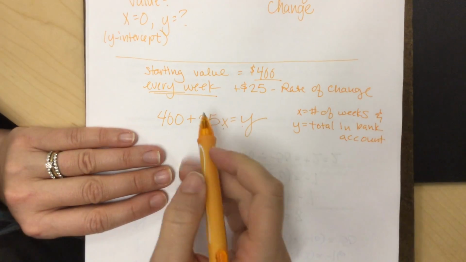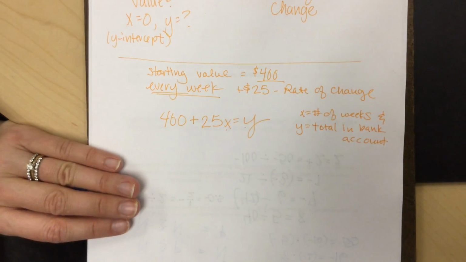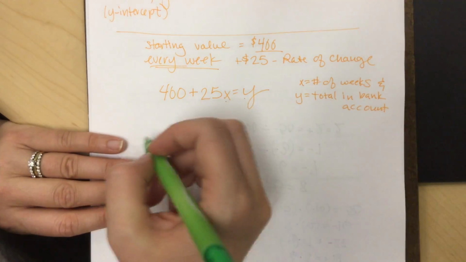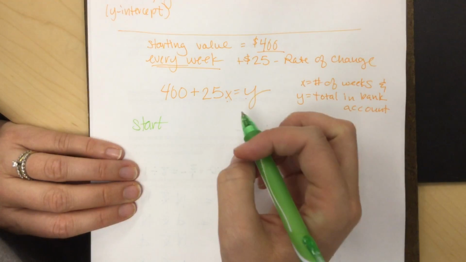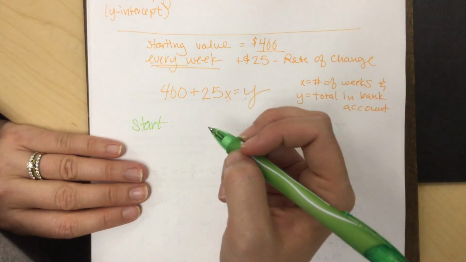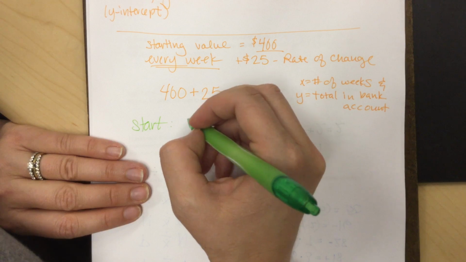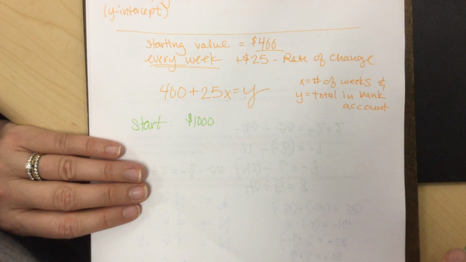Okay, now, you're not always going to find linear situations that are increasing. Sometimes a situation might be decreasing. So let's say that when we start, let's say my money this time. Let's say I start with $1,000 in my bank account.